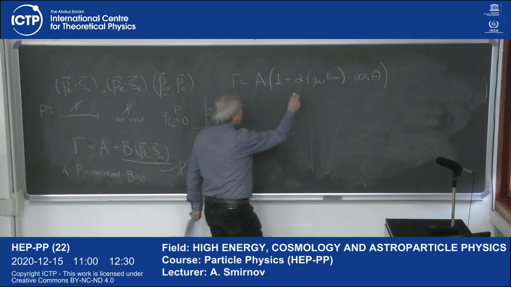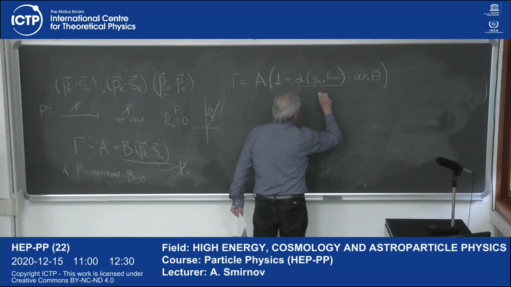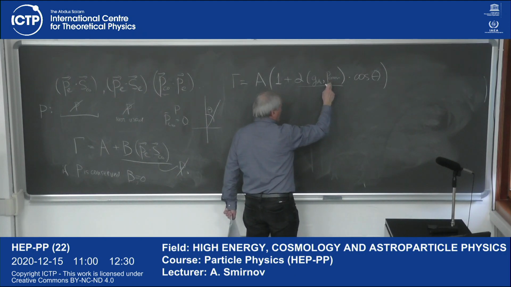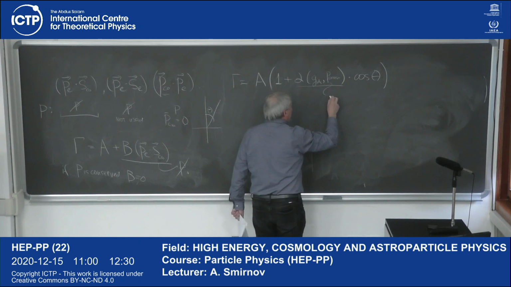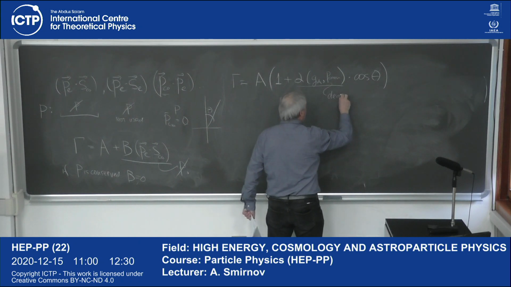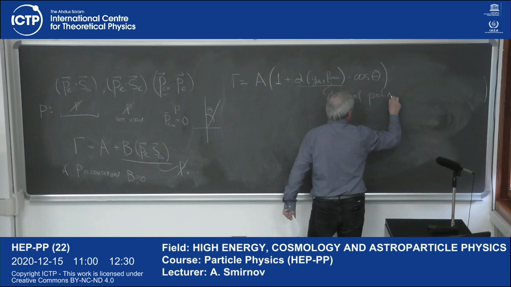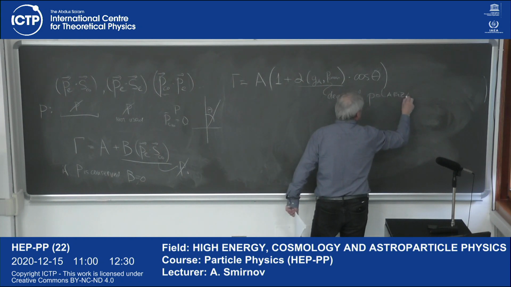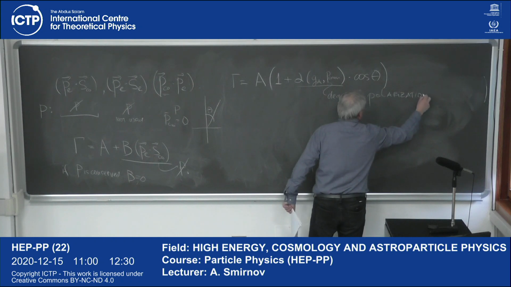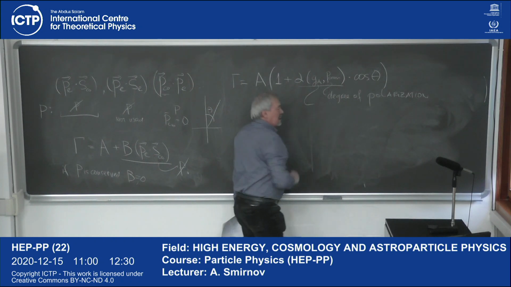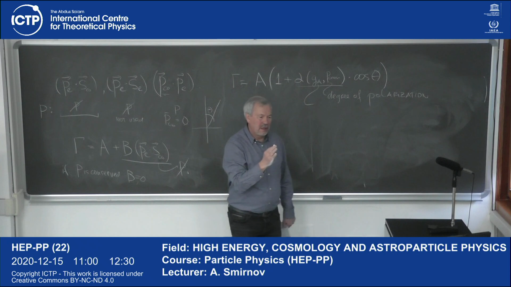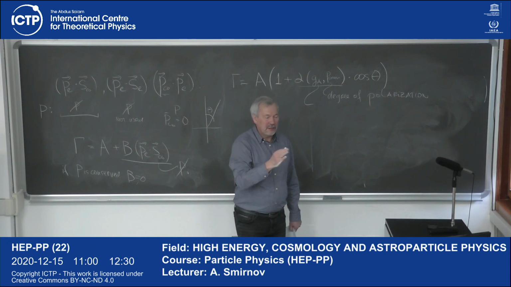Now alpha is a function of the level of polarization, degree of polarization, and GA is our famous constant, which actually gives a mixture of axial vector current in our general total current.